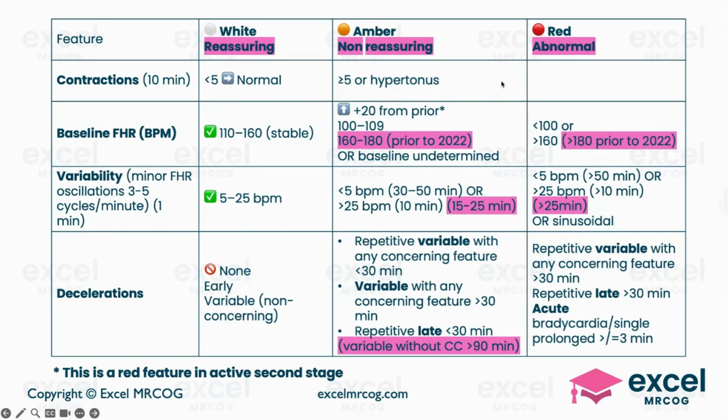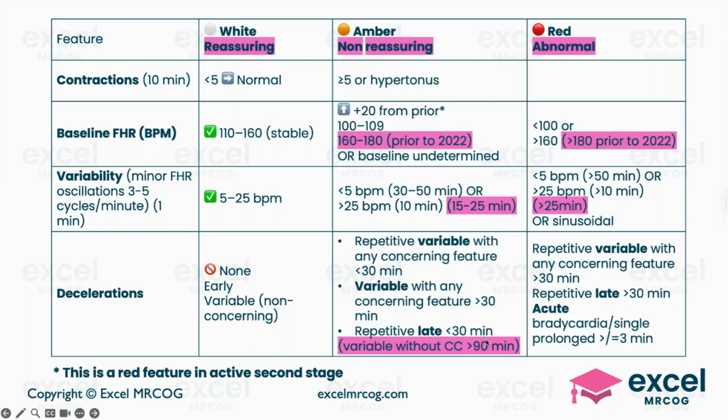That is the reason I have put these pink ones from the old guidance slightly here for your reference. Please do not get confused. Now, all this emphasis we are putting in is just about concerning features in variable decelerations only. We are not talking about late decelerations. Late decelerations in themselves are indicative of uteroplacental insufficiency, correct?